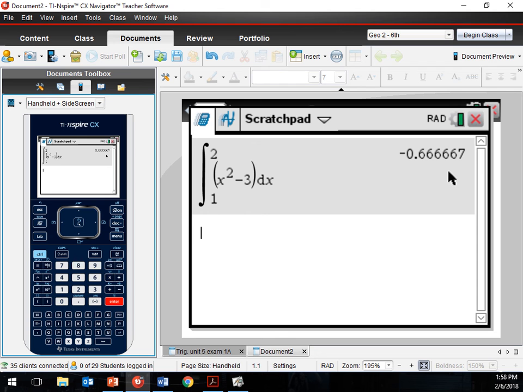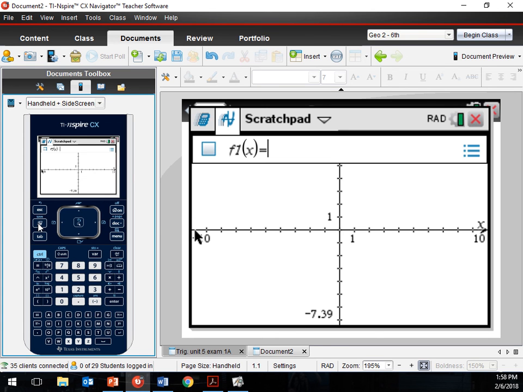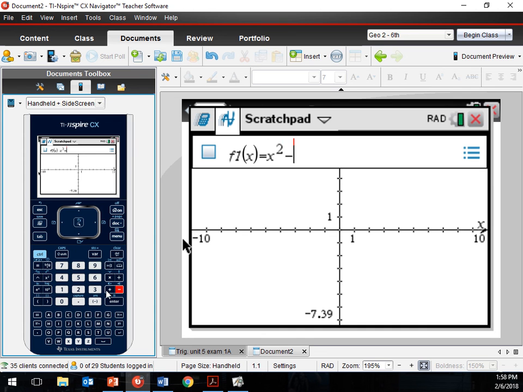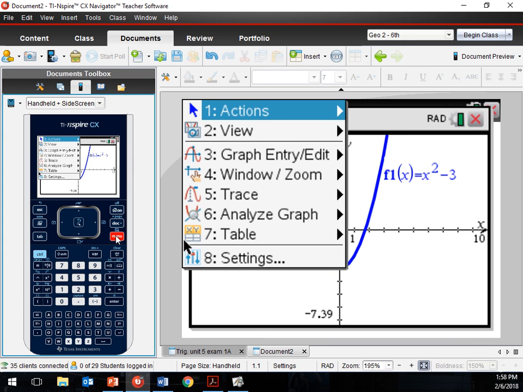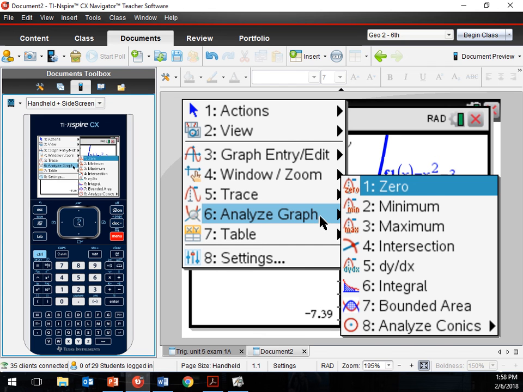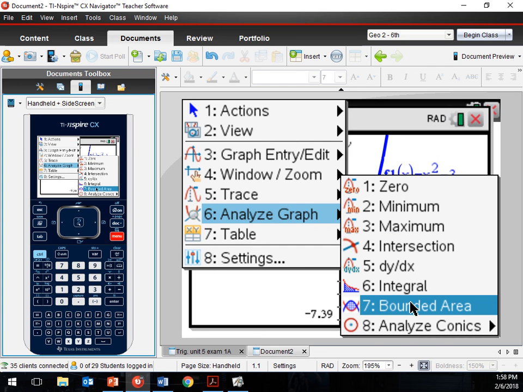Negative 2/3. Now, I'm going to show you guys this, the original. So for right here, I'm going to graph my original. x squared minus 3, enter. Now, from right here, I'm going to do menu, analyze graph, and I want the integral.